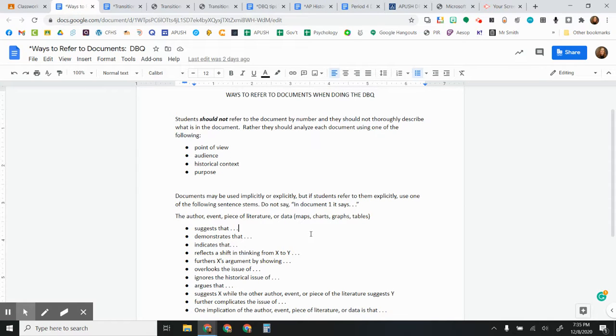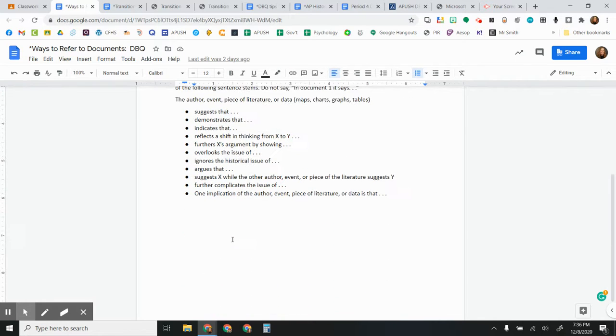Instead, you would say, John Quincy Adams suggested in his diary that, and so now you don't need to say in document 1. Instead, after you talk about it, you would put doc 1 or a 1 in parentheses at the end of the statement. Okay.